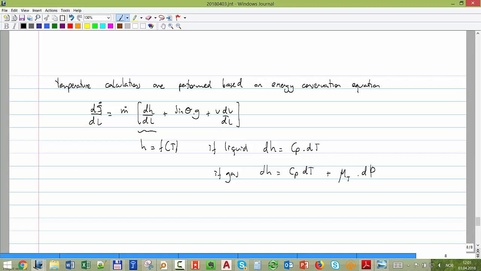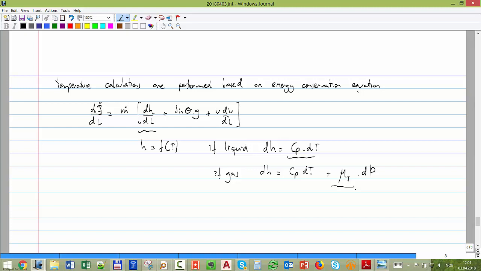Okay, and this part is relatively simple to make, and that's the exercise you are doing. Just Cp. Sometimes you have to take the variation of temperature also, but when it comes to gas, this part really makes it a bit complicated. So that's why we don't have time to go through an exercise with gas.